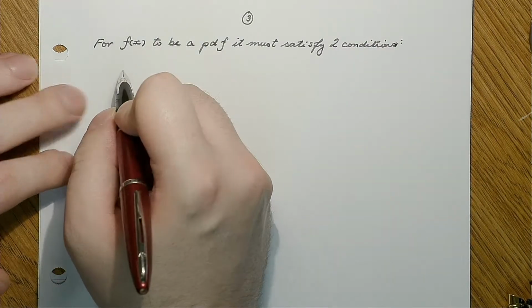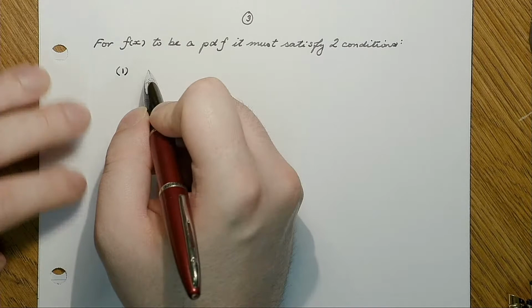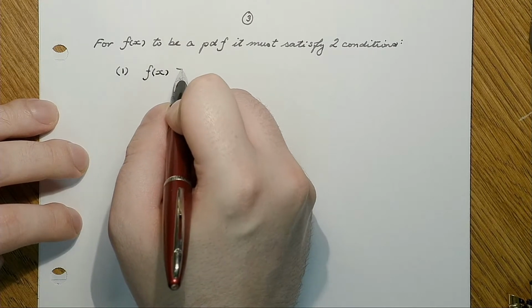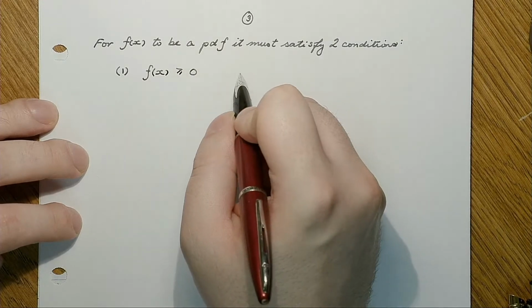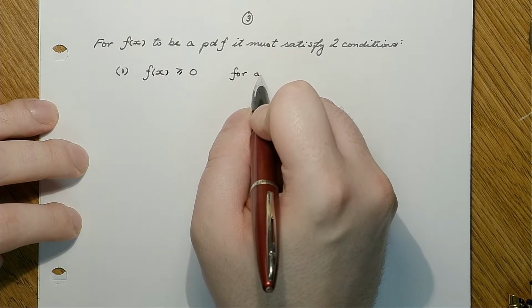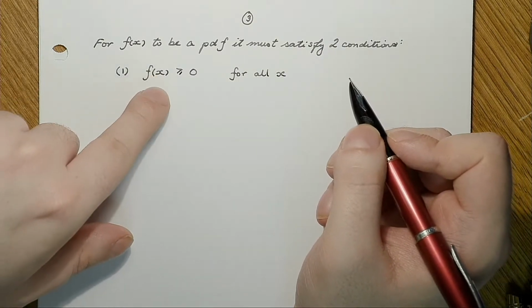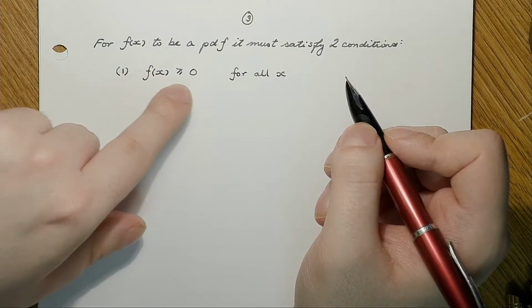So the first one was that the function must be non-negative for all the values of x. So again, it can be positive or 0.